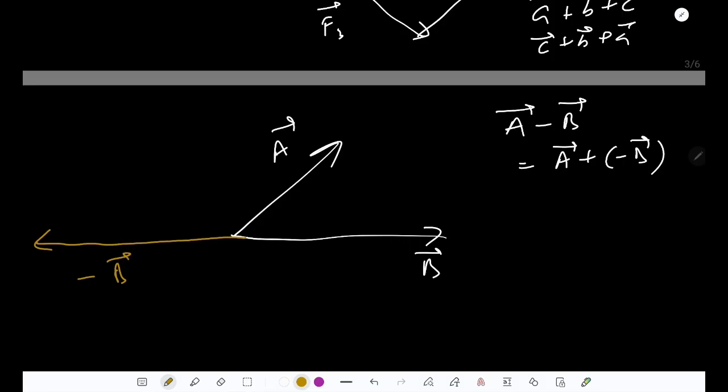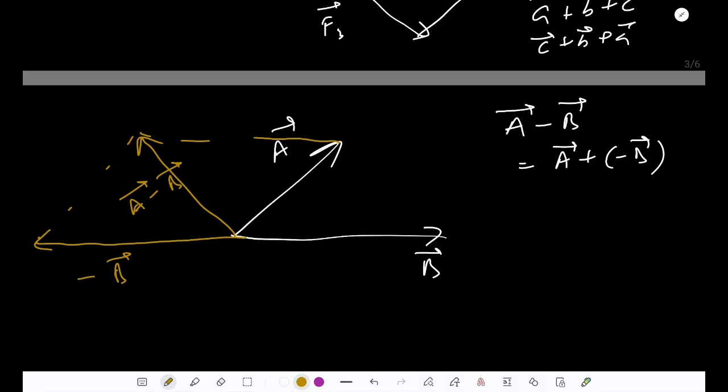This is minus B, and complete your parallelogram, and this is your A minus B. So A minus B is like finding A plus minus B.